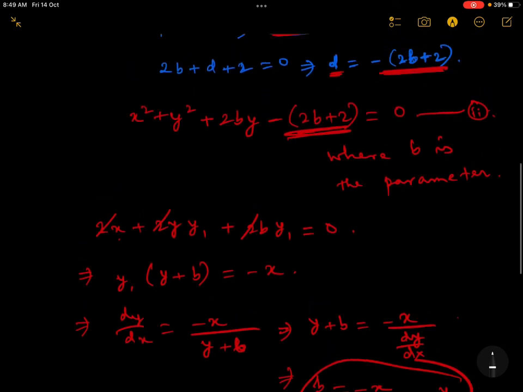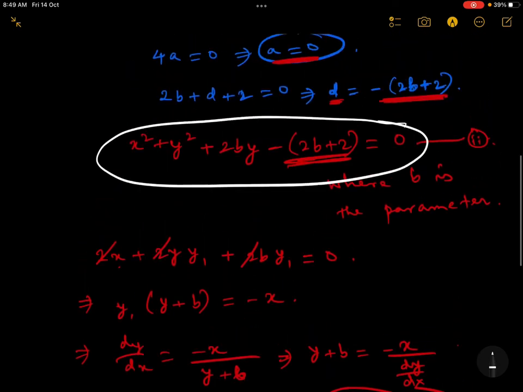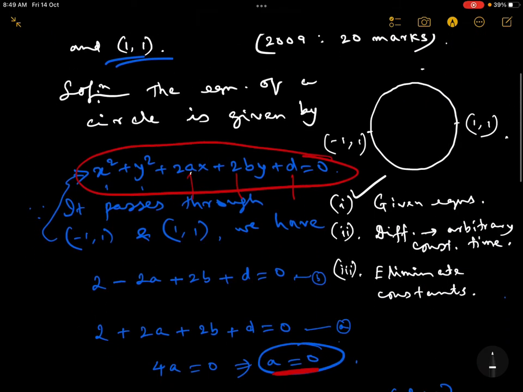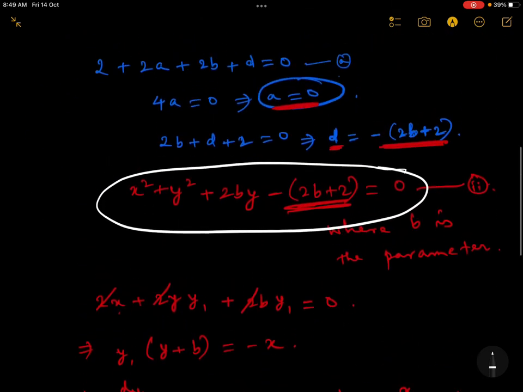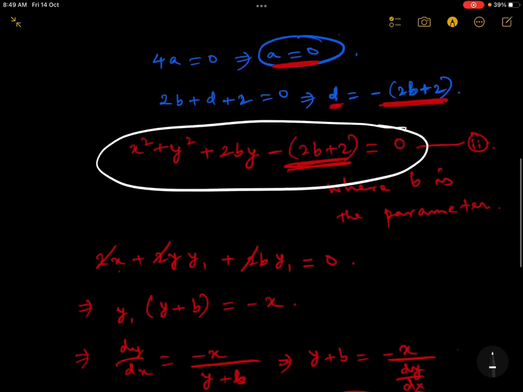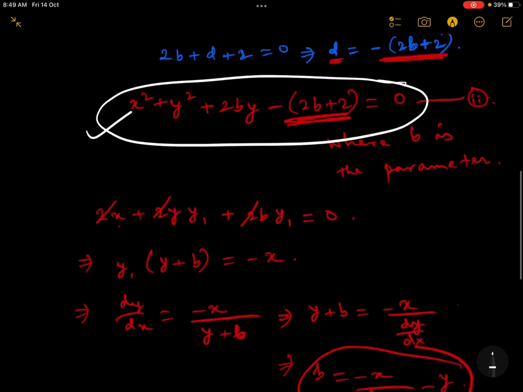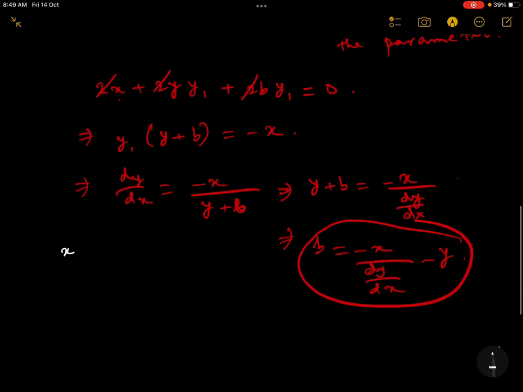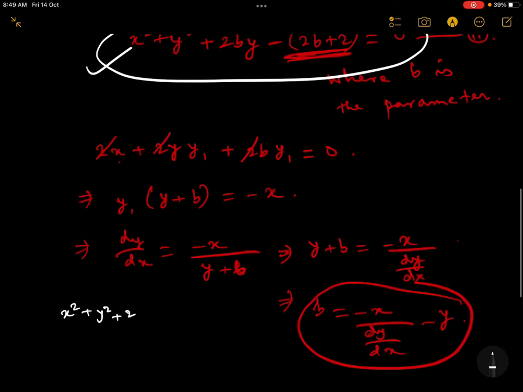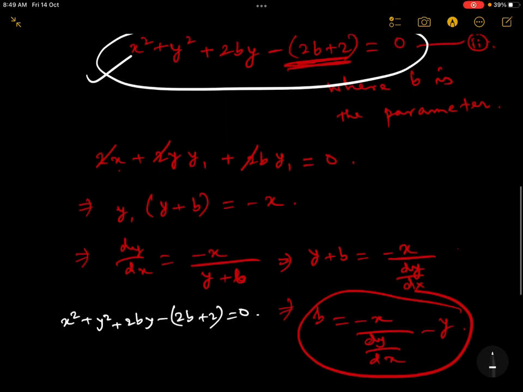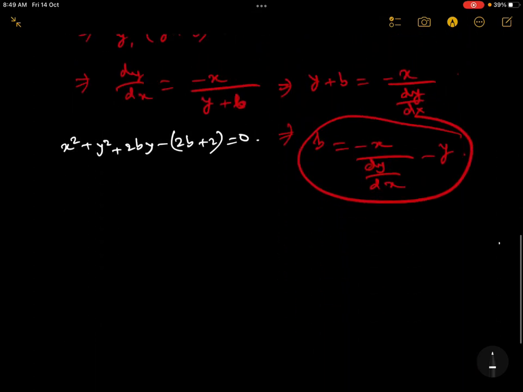Let us substitute in this one, not in the given equation, okay, since a is also involved, d also involved, so we don't have to go for that again. We'll substitute here b. Oh, it's a long equation, so let me first write that equation. x squared plus y squared plus 2by minus 2b plus 2 equals 0. If you find these calculations to be long and time consuming, you can skip some of the part also.